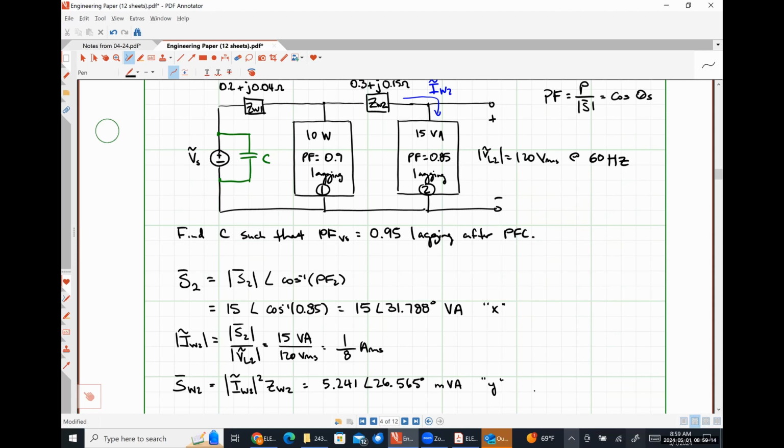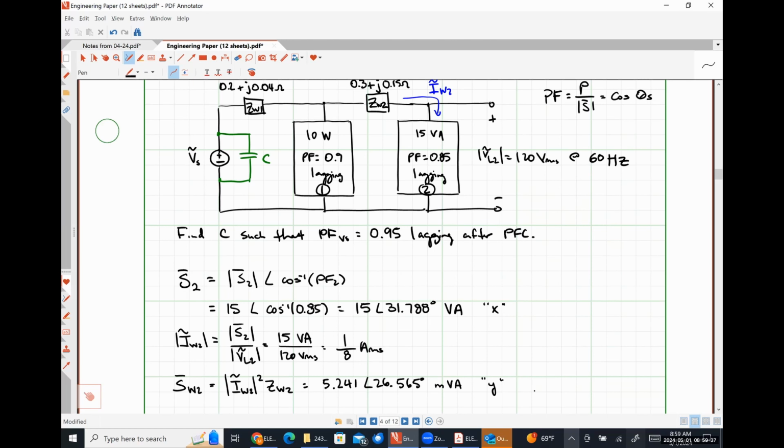So it's similar to what we did for load two, except that we were given something in watts as opposed to something in voltamperes. So whenever I give you a power in watts, what does that mean? Average power. So you have average power and you have power factor.